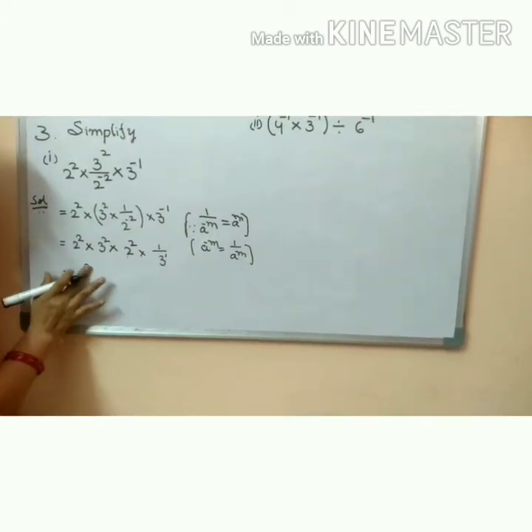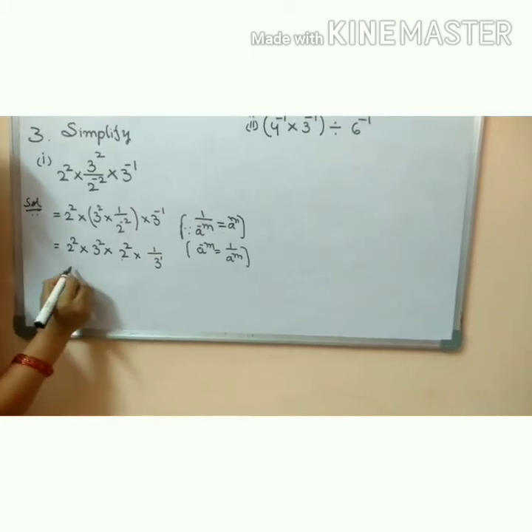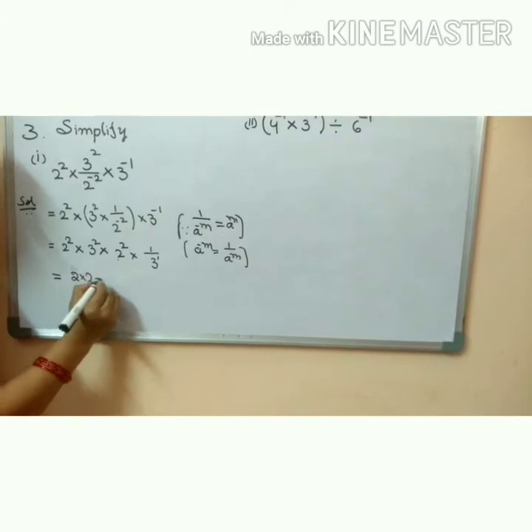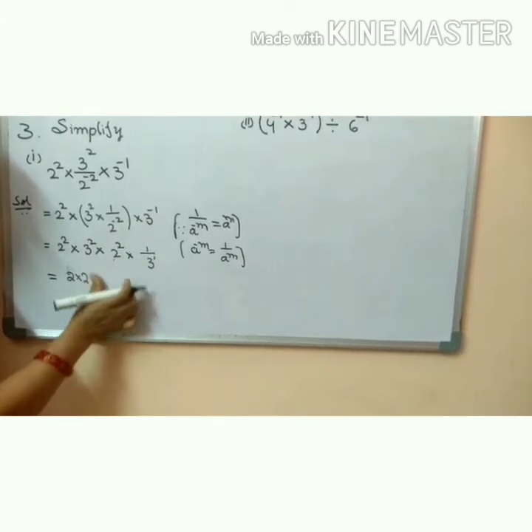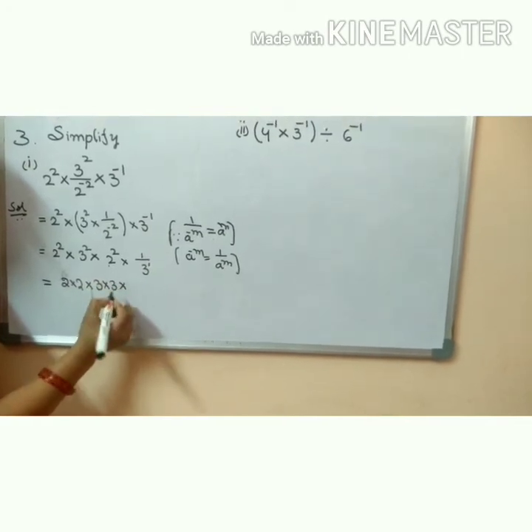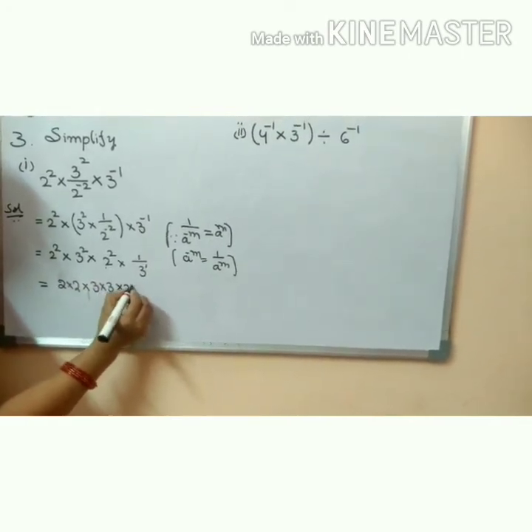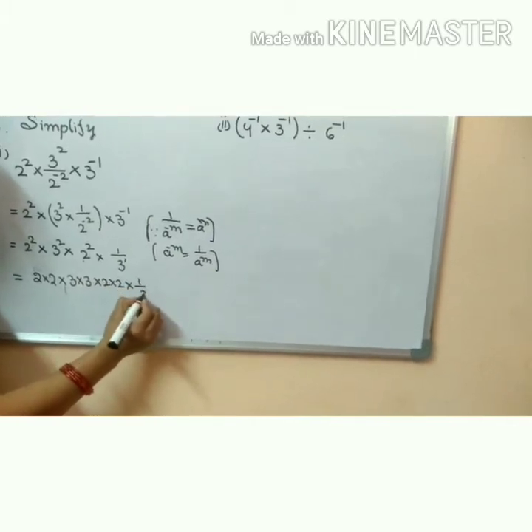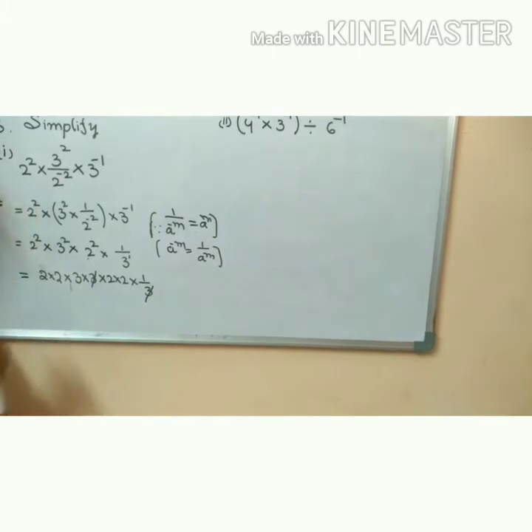Here write 2 square. 2 square means 2 times, right? Here write 2 into 2 into 3 into 3 into 2 into 2 into 1 by 3. Here the 3s cancel.